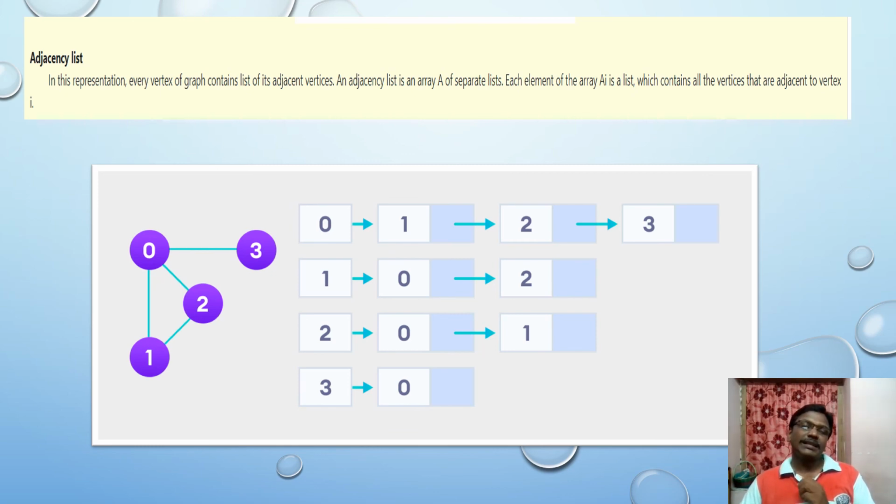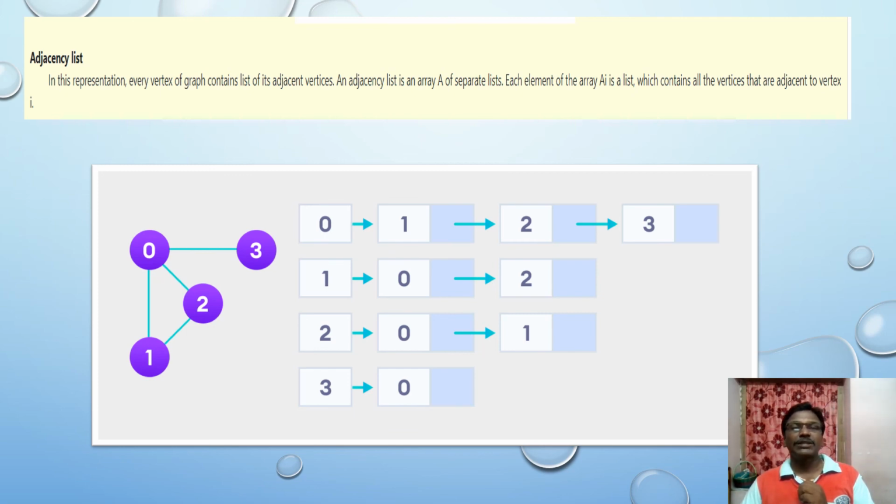So in this, first the vertex numbers are represented as the rows 0, 1, 2 and 3. 0 is connected to 3 vertices, that is 1, 2 and 3.